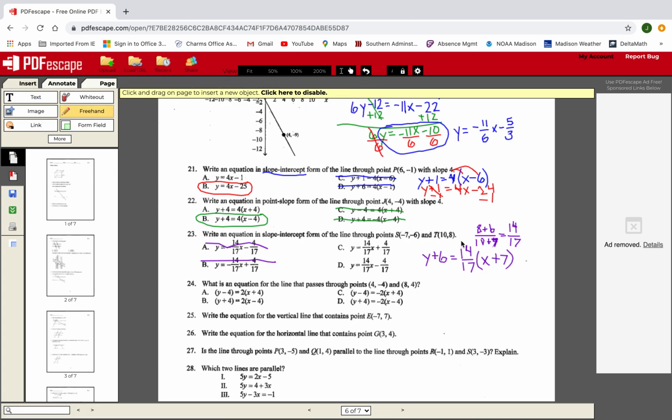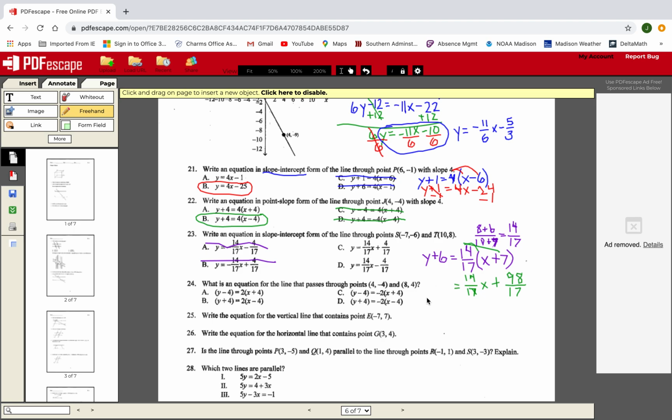Okay, so I'm going to distribute this 14/17 through the parentheses here. 14 over 17x plus, and then I've got 14 times 7, 7 times 4 is 28, carry my 2, 7 times 1 is 7 plus 2 is 9, I've got 98 over 17, don't be afraid, it's going to be great. And then on the left side, I've got y plus 6.